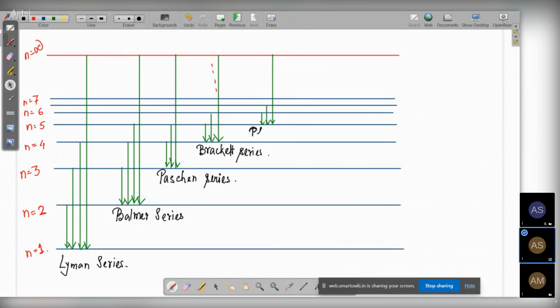You do not pronounce the P in your pronunciation, the P is silent. And if the electron finally jumps to the sixth energy level, from anywhere it can start, then it is called the Humphreys series.